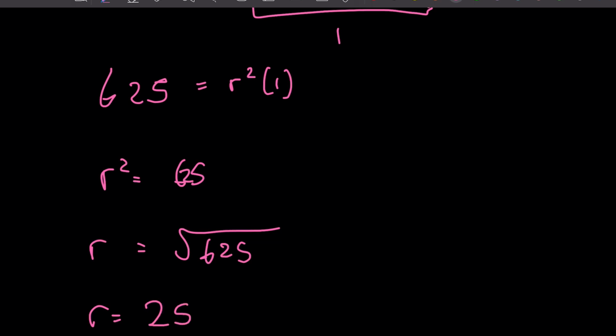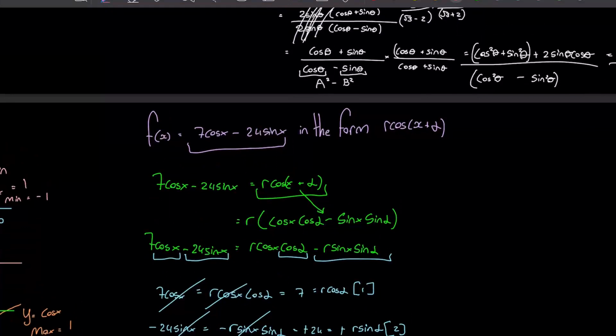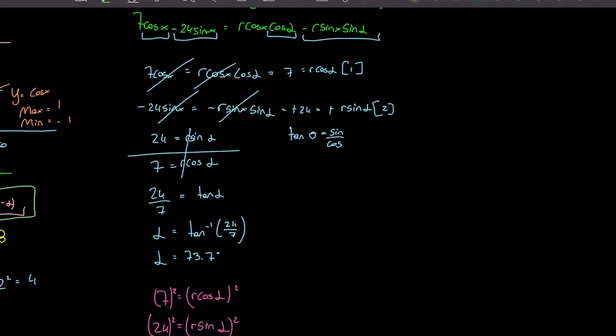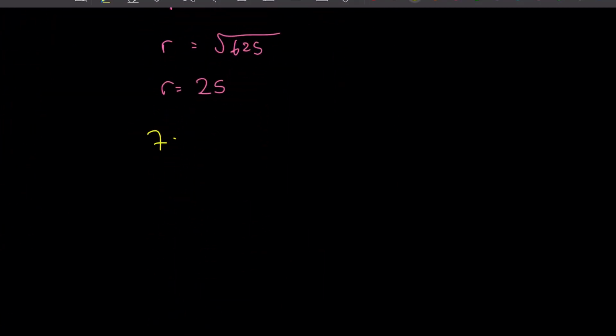And that's great. So remember the first equation that they gave us? They gave us that 7 cos x minus 24 sin x should be equal to something else. So I'm just going to rewrite that again. So 7 cos x minus 24 sin x is equal to r cos of x plus alpha.